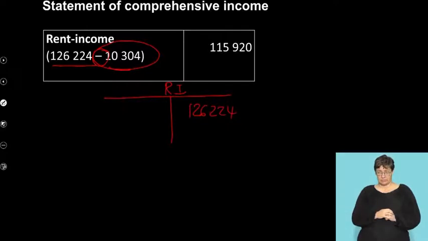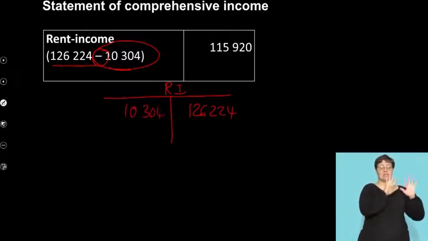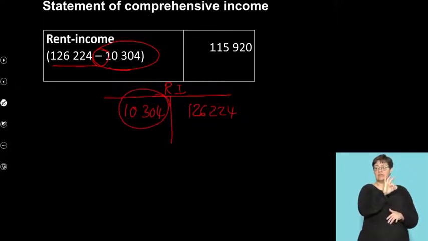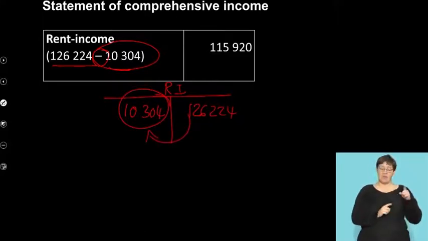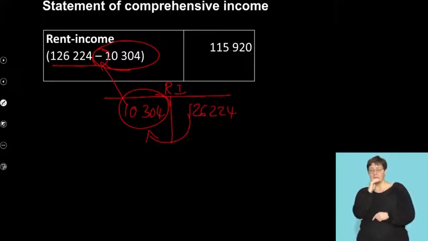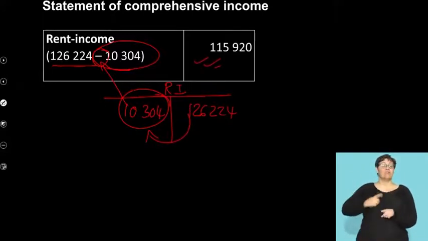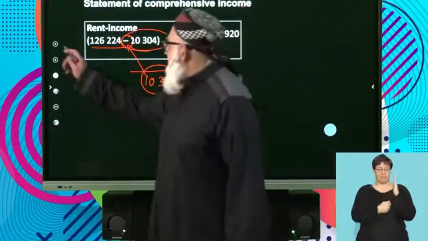Watch, I'm subtracting, meaning I'm debiting rent income with 10,304, and therefore in accounting, when you do it on the opposite side, you are actually subtracting. Therefore, 126,224 minus the 10,304 will give me my rent income figure that I need for my statement of comprehensive income. Got it? Okay, next adjustment.